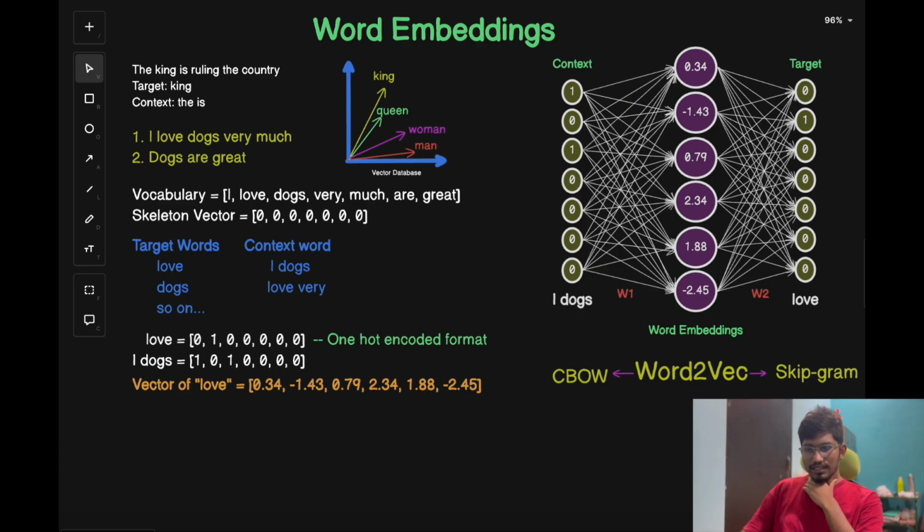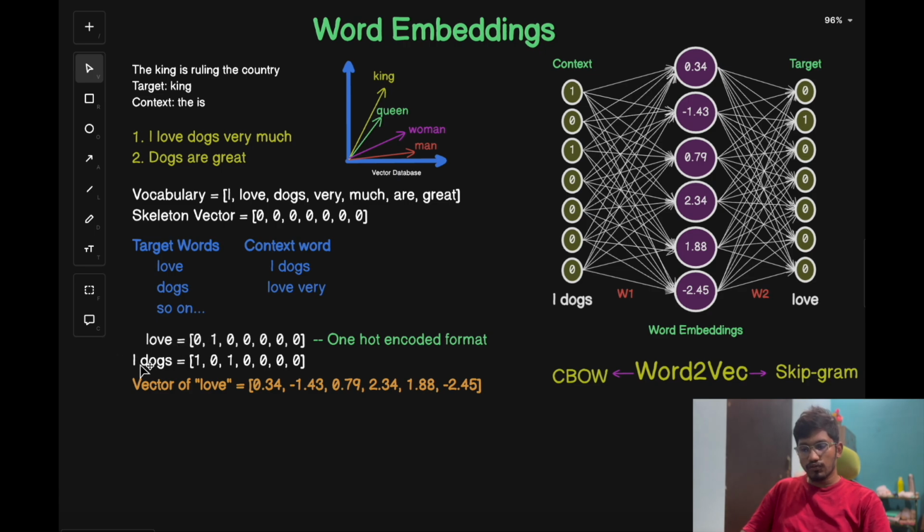Now let's take the first pair, for example, love and I, dogs. The target word is love and the context words are I and dogs. Now we'll use one hot encoded format for these target and context words. The one hot encoded format for the word love will look something like 0 1 then all zeros, because in the vocabulary, love is present at the second index, hence we set this position to 1 and the rest of the bits are set to 0.